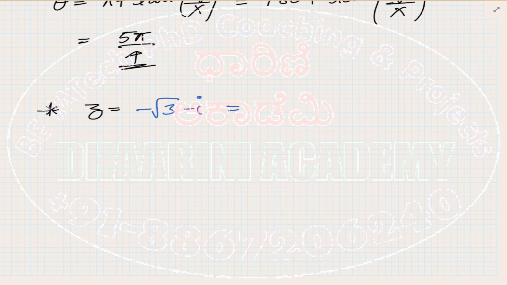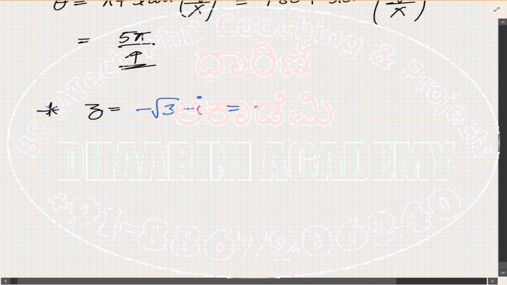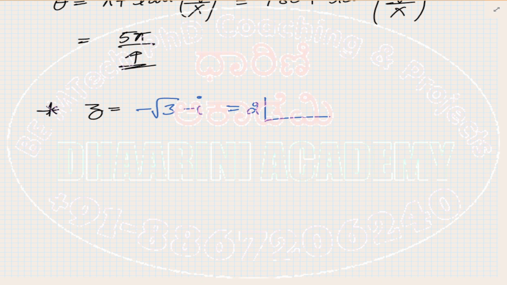Convert this into polar coordinates. That's correct. We get the value of magnitude, or the modulus, is 2. Find the angle. Okay.